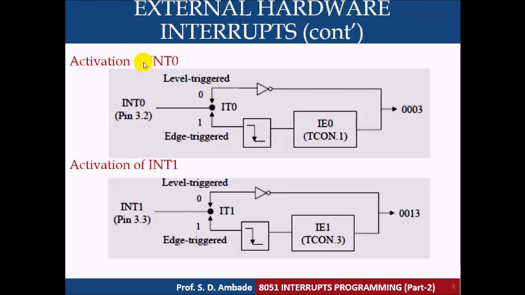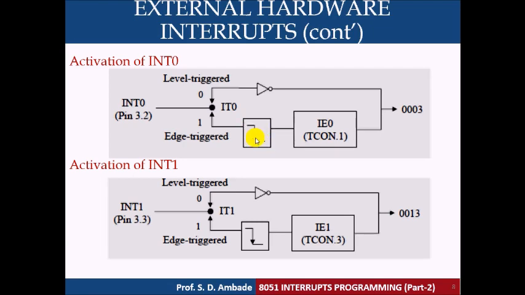This is the activation of INT0. Pin 3.2 is for INT0. When the level trigger method is used, this is the NOT gate, and on 0 it jumps to the vector location 0003H. For edge trigger it should be 1 and it will be activated on the falling edge of the pulse.